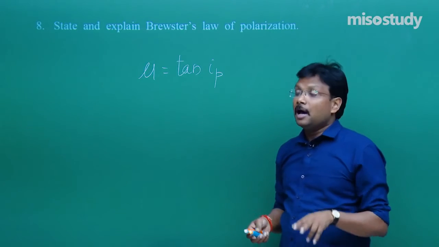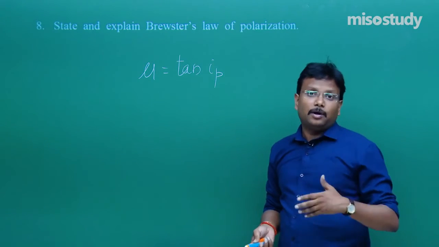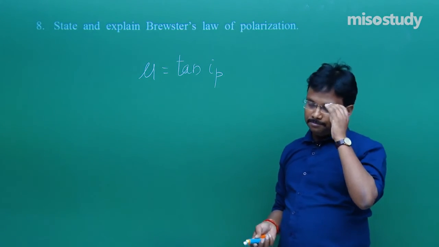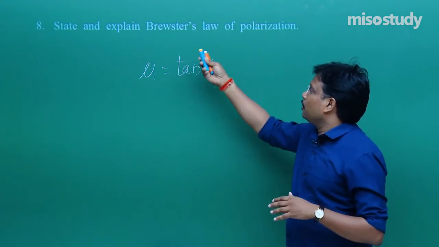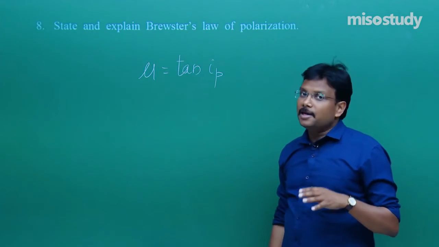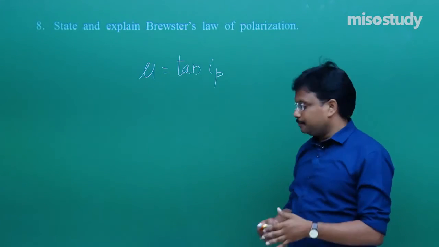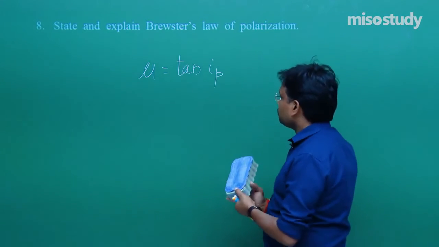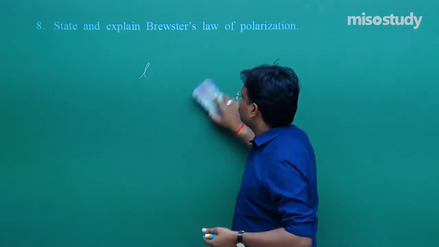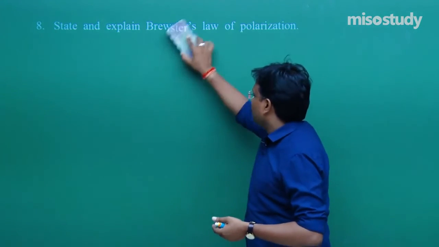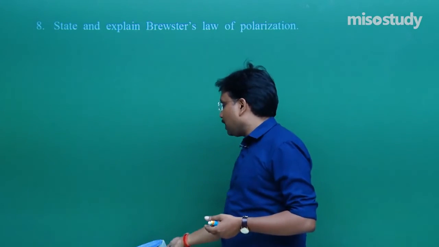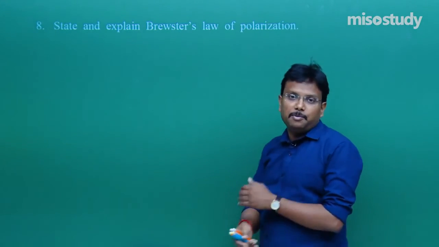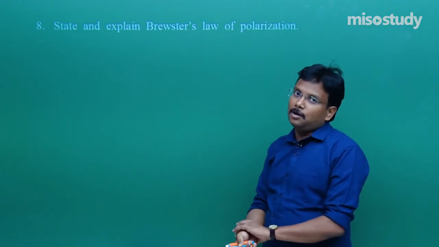In wave optics, whenever you are talking about interference, diffraction, polarization, so in polarization this Brewster's law is very important, fine. Because I provided you this complete video, I do not think there is any point of writing down the entire answer again. If at any point of time you have any difficulty, please take a look at that video.